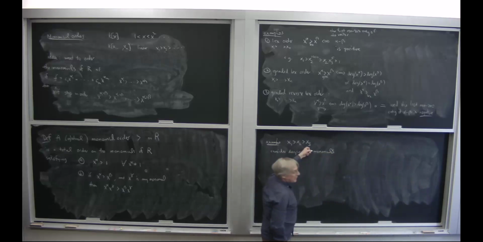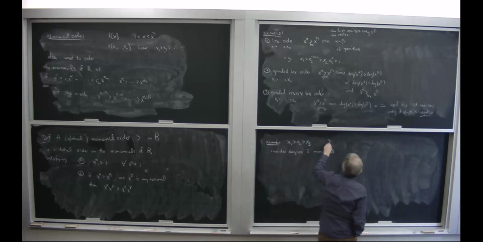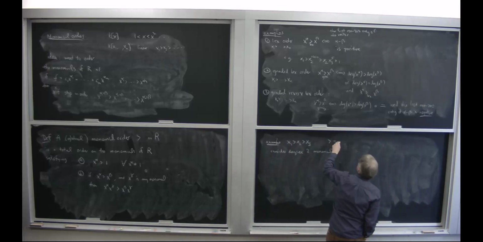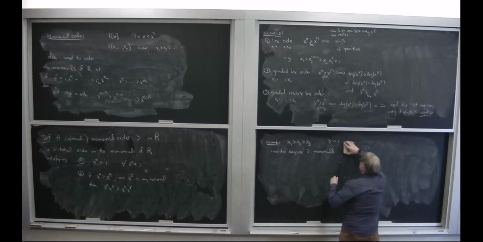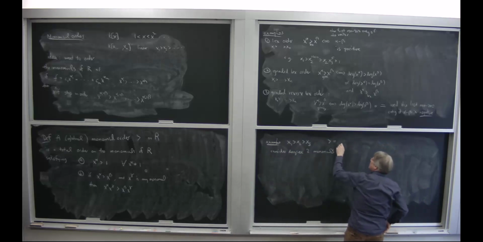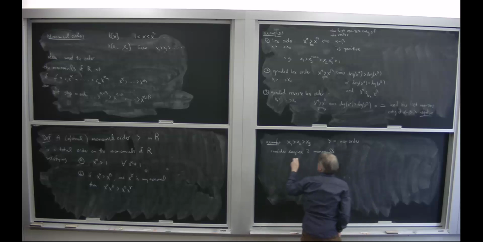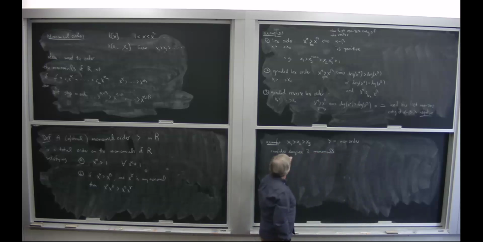But from the multiplicative property of these things, and this is a global monomial order, if I leave out the word global, it just means global, then if I multiply this by any variable, I'm going to get whole lots of things.